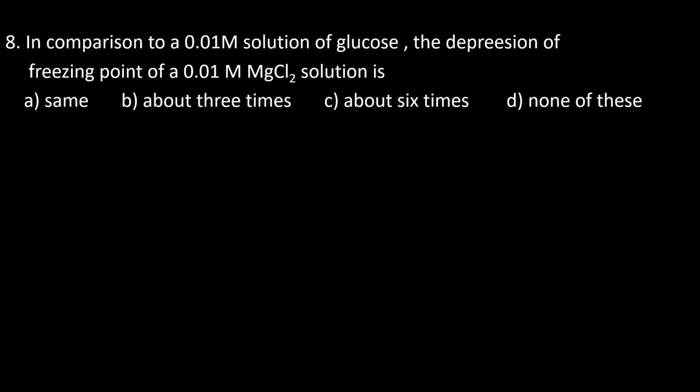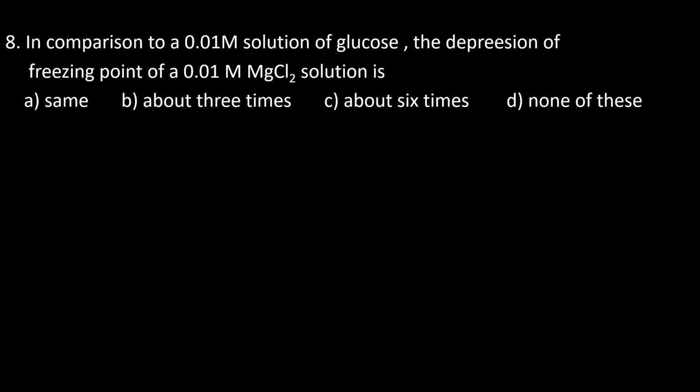Dear friends, the depression of freezing point is a colligative property, so it depends upon the number of particles. Glucose is a covalent molecule, it will not ionize, so one glucose molecule is considered as one particle, whereas magnesium chloride is an ionic compound, it will dissociate to give three ions.